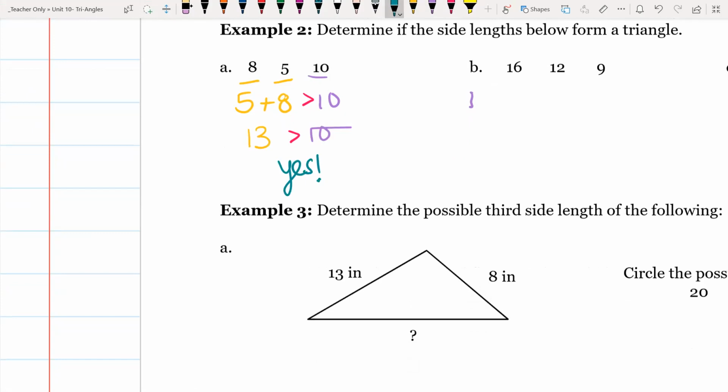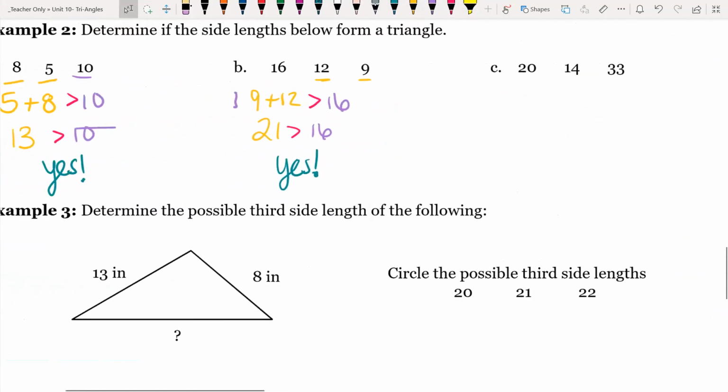Let's look at the next one. Again, we want to add up the two smallest sides. So 9 plus 12, and we want those to be greater than the longest side, which is 16. 9 plus 12 is 21. Is 21 greater than 16? Yes, so they do form a triangle.